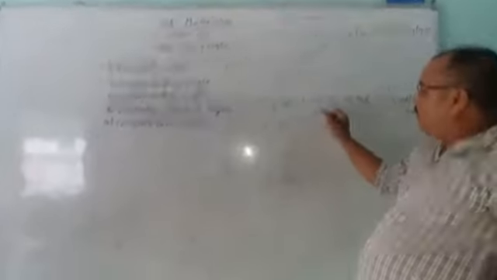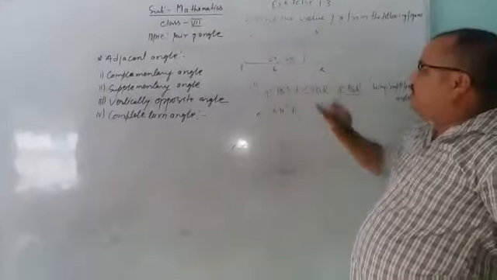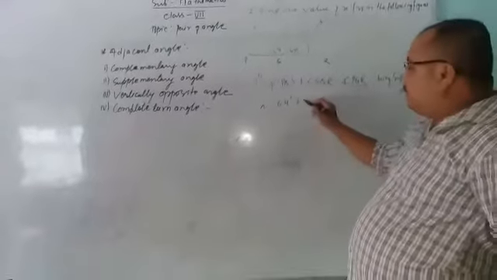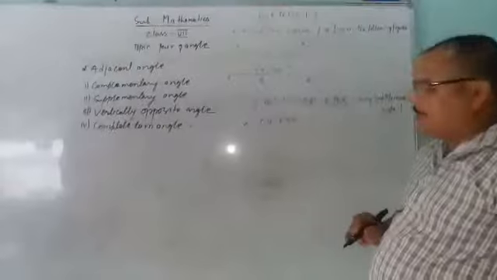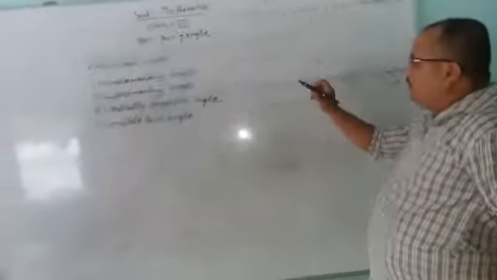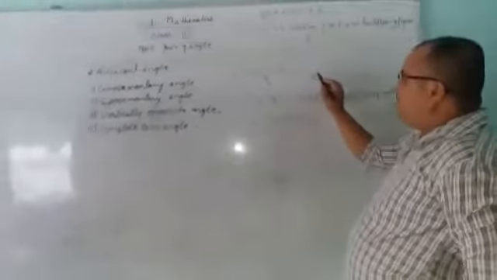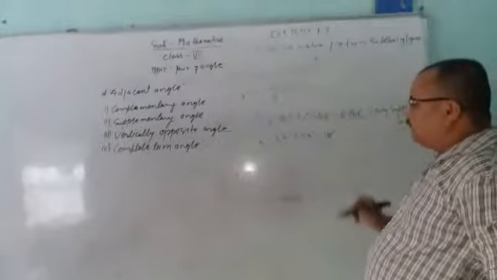And angle SQR, its measure is given here as 4x. So you write down instead of SQR 4x degrees. And then this angle PQR is a straight angle, so its measure is equal to 180 degrees.